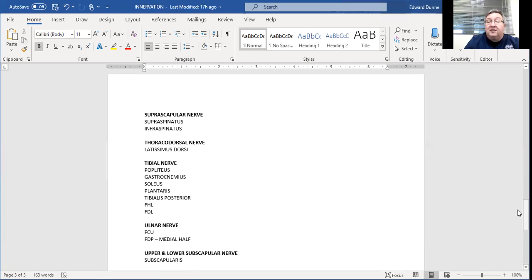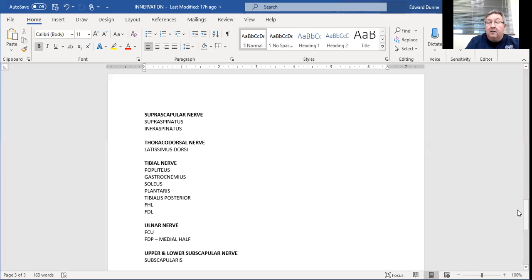So the suprascapular nerve, this is a nerve that is above the scapula, all right? And it's the nerve that actually goes through the suprascapular notch. Well, it's the two muscles that are above and below the spine of the scapula, the supraspinatus and the infraspinatus, that are innervated by the suprascapular nerve.